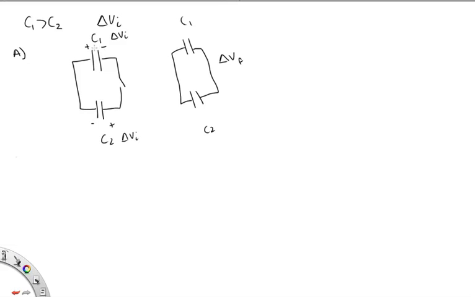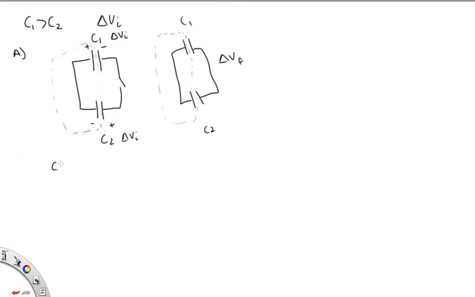So let's look at the charges here. The total charge on this part of the circuit will be the same as the total charge on that part of the circuit over here, because no charge is being moved across the two plates. So let's start by working out the initial charge on both these plates.